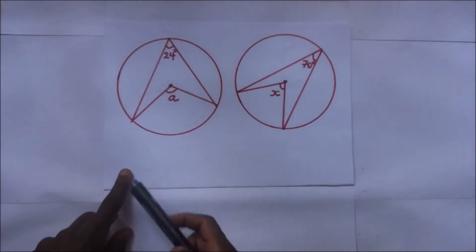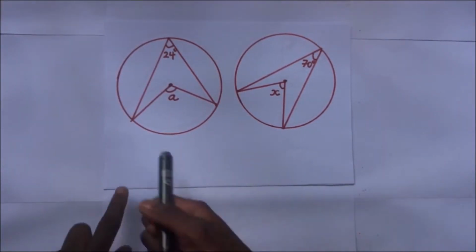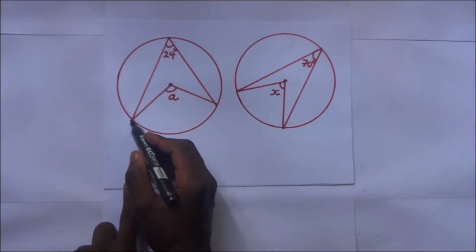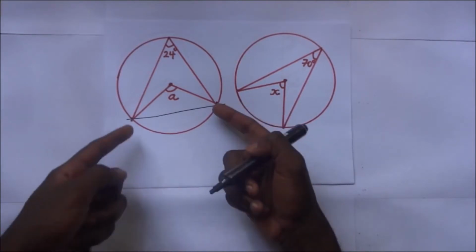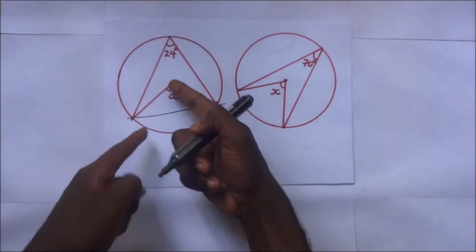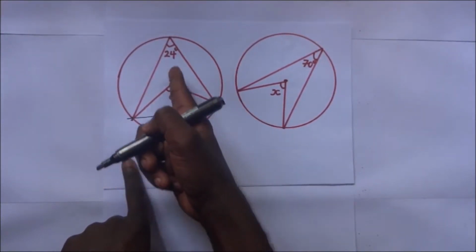If you look at this, for example, we have 24 degrees there, and we are required to find the value of A. We remember that this is the same chord. It is subtending 24 degrees at the circumference, and it's subtending another angle at the center. So this angle is going to be twice that one.